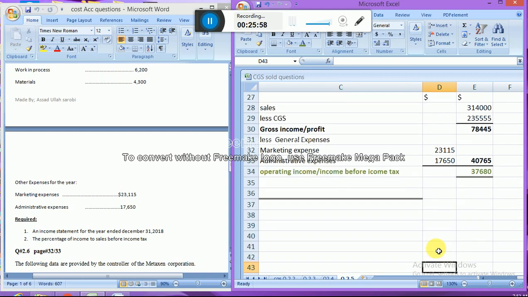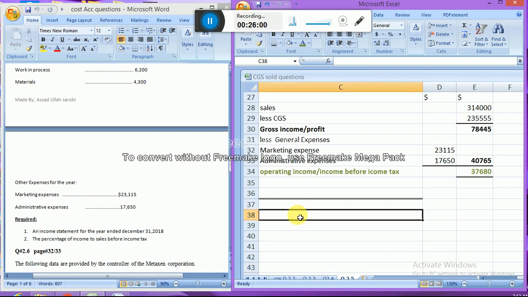Now our second requirement of the question is the percentage of income to sales before income tax. So what is the formula?